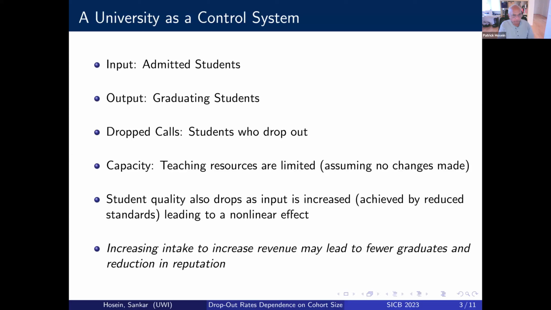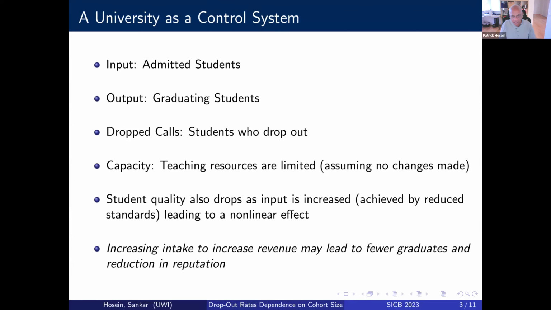And there's another issue, the student quality also drops as input is increased, because since you pick the top students, to increase the number of allowed students, you will have to pick from the lower end, so the quality of students drops as you increase the enrollment.